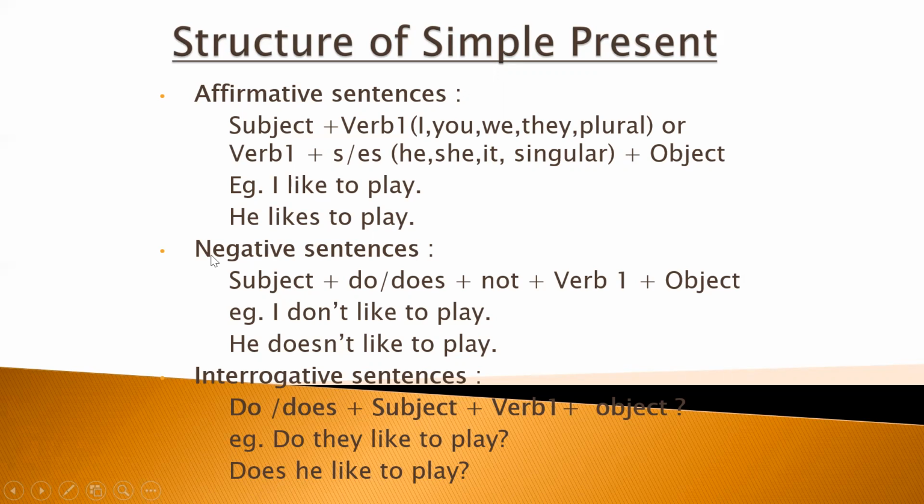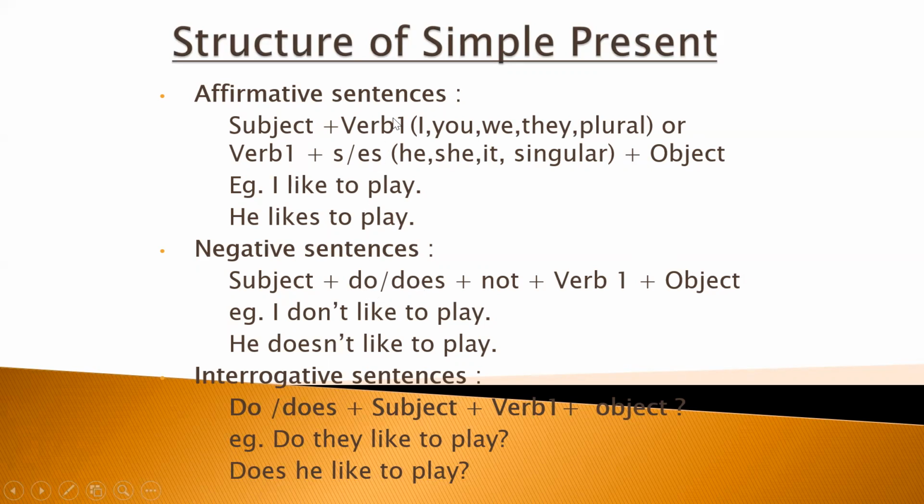Now let us understand what we do in the negative case. In the negative case, as you know, we have to add not in the negative sentences. So let us see the structure. First we will take the subject, then do or does. After do or does we will add not, then the verb's first form and then object. Now here we have to understand where to use do and where to use does.